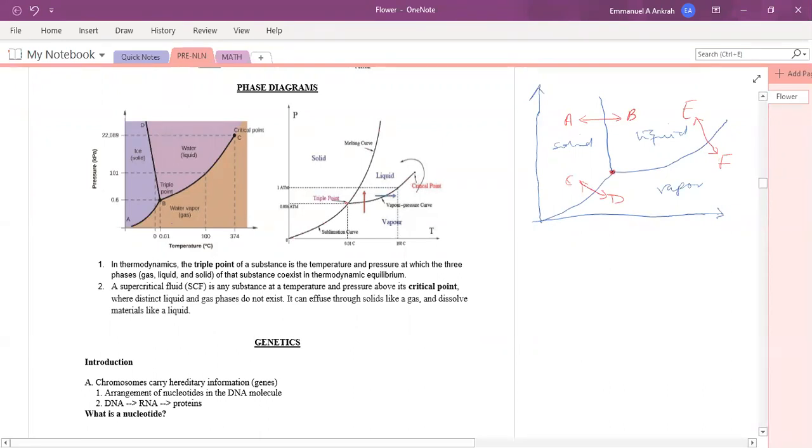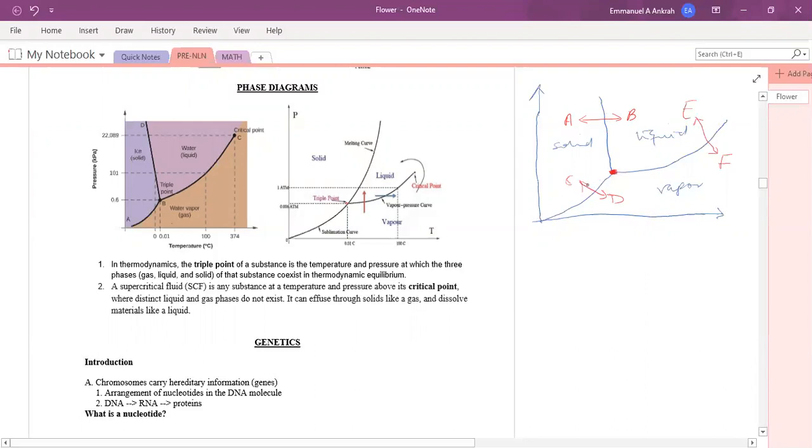For water, the triple point is 273.16 Kelvin. That's where they got that temperature, 273 Kelvin. The triple point means that all the phases, liquid, solid, and gas, are in equilibrium at that point. They all coexist at that point. That's what that means.